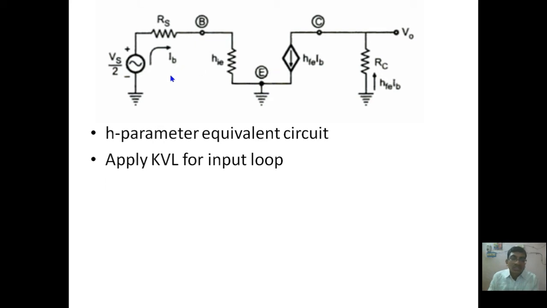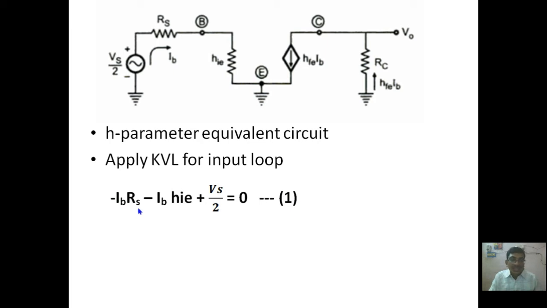In order to do this, we have to apply KVL for the input side loop. So here the voltage source is Vs by 2 minus IB into Rs minus IB into HIE is equal to 0.